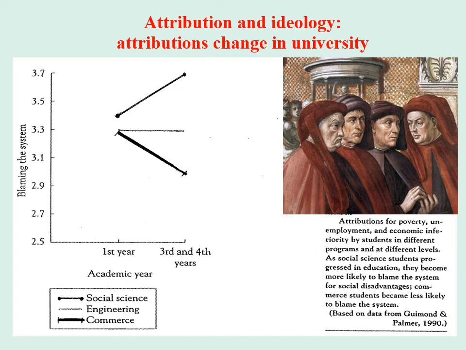In this study by Guimond and Palmer, 1990, they studied the attributions made by three different course students, people who studied social science, engineering, or commerce, in terms of how they explained some common negative outcomes or misadventures, for example, poverty, unemployment, or economic backwardness.